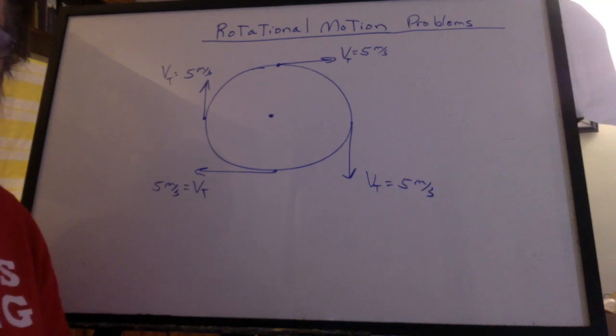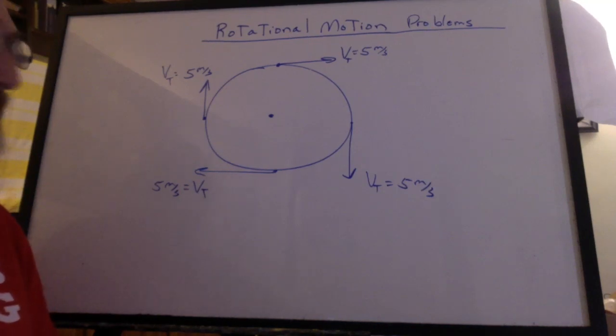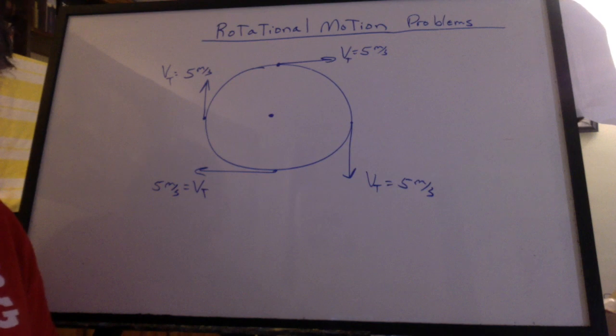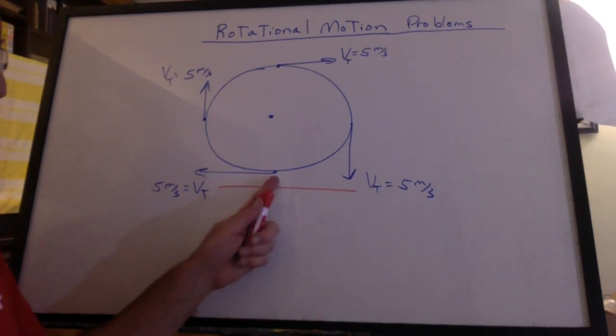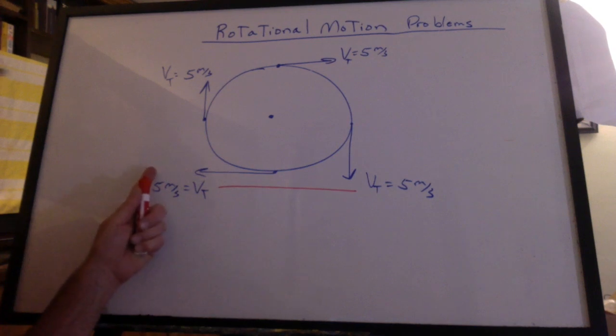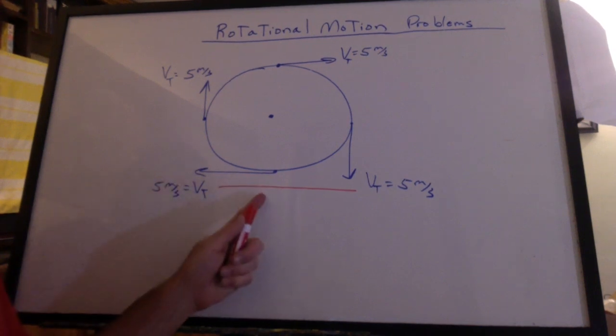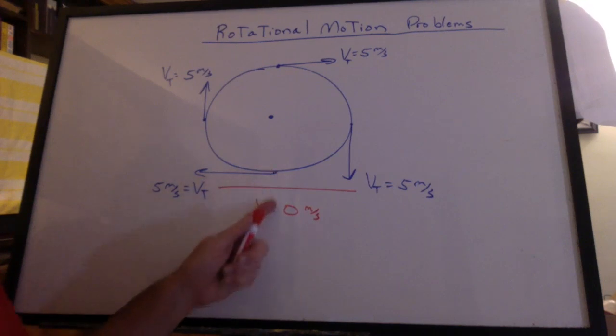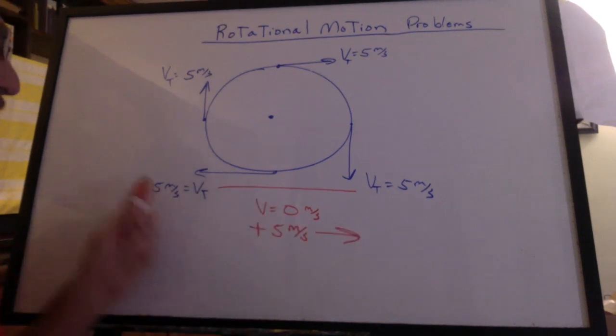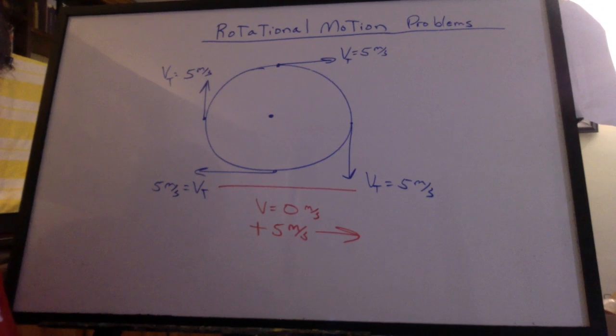So imagine I was spinning this top such that the tangential velocity was 5 meters per second. Now I put it on the table. That point will be skidding backwards. How do I stop it from skidding backwards? I need a velocity of 0 here. It can't skid. How do I go from 5 meters per second backwards to 0? I have to add 5 meters per second in this direction.